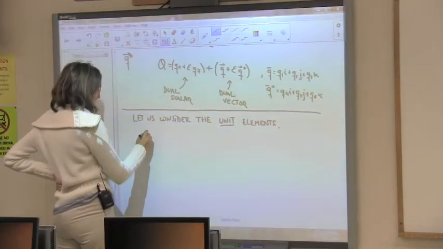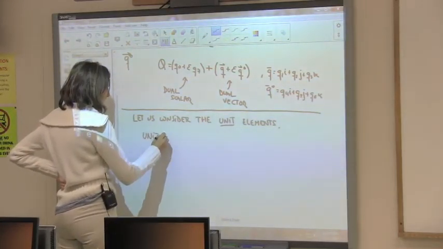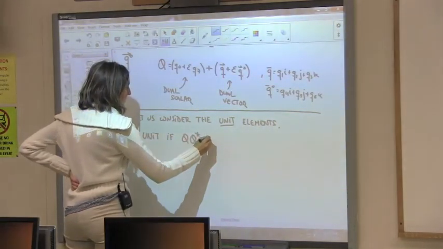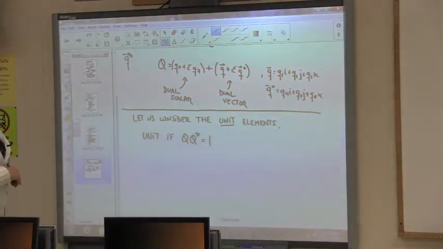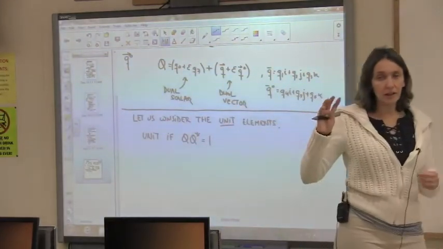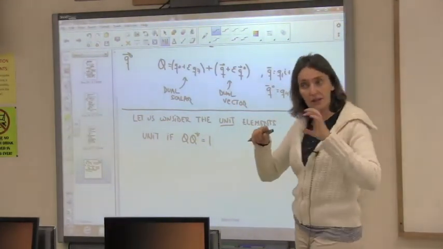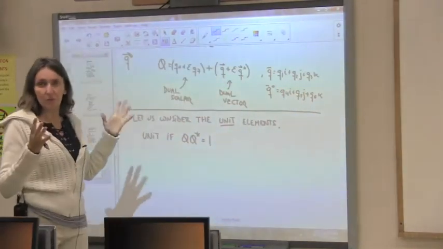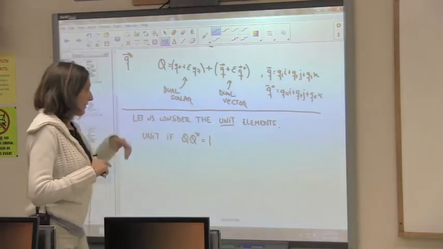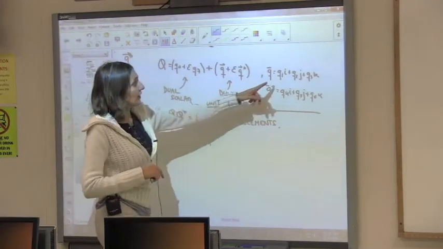So unit if q times q conjugate is equal to 1. And if you remember, how did we do the conjugate? We just put the minus in the vector part, in the ijk, and then leave the plus with the unit, right? It's similar to the complex conjugate, in which we just change the sign of the i part. So in this case, the conjugate changes the sign of the ijk.